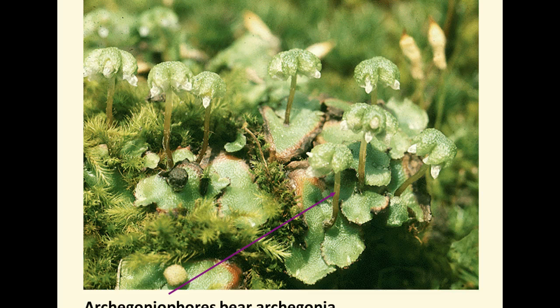Okay, so you have archegoniophores bearing archegonia. And remember, those archegonia are sort of on the underside of the umbrella. But notice what's kind of growing here. See this growing down? Those are the little tiny sporophytes.